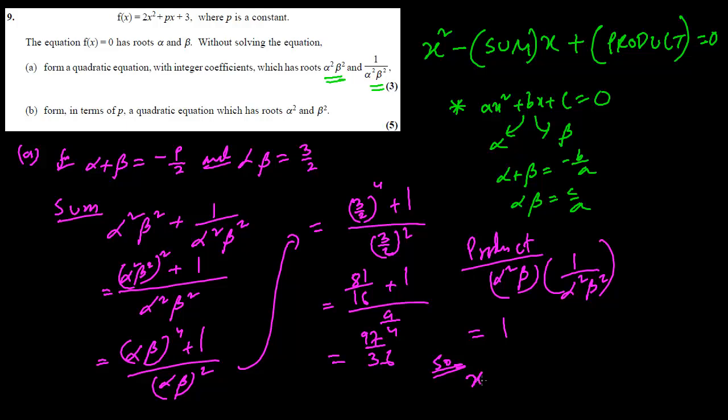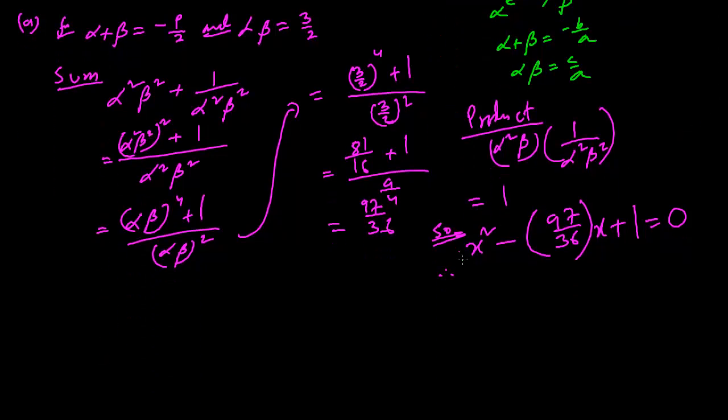So the equation is going to be x squared minus the sum of the roots, which is 97 by 36, x plus the product of the roots, which is 1. Now we need integer coefficients, and if you multiply both sides by 36, it turns out to be 36x squared minus 97x plus 36 equals 0. So that's the first question.